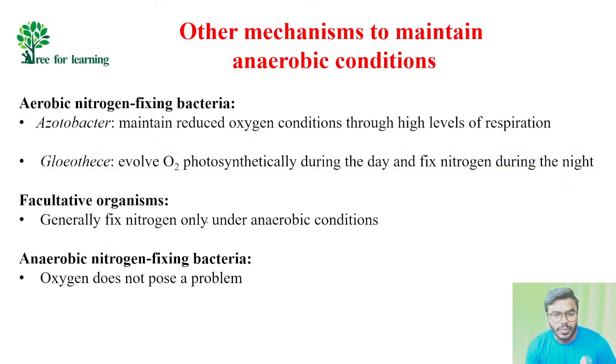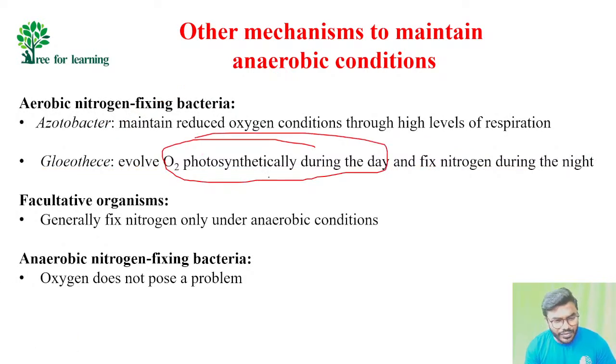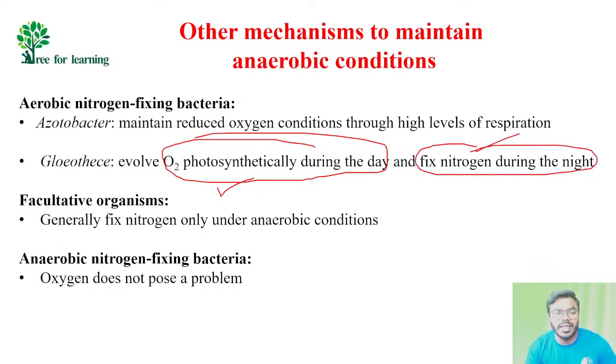See the mechanism, which means whatever oxygen is there, it will just release it out completely during the daytime. So the oxygen level will be decreasing when it comes to the night. Understand, friends? Oxygen level will be decreasing when it comes to the night. As a result, they start fixing the nitrogen during the night.